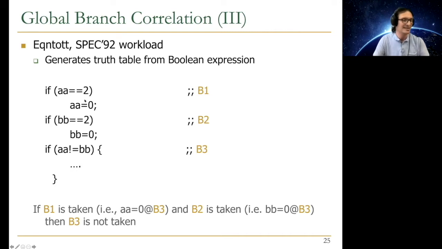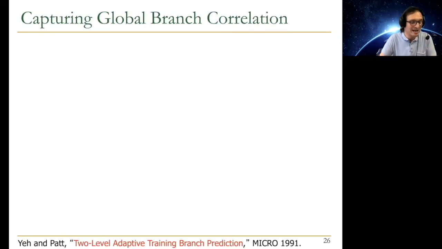And you can study that and look at it. I'm not going to go into more detail on this. But this is an example of how advances in computer hardware can make some benchmarks irrelevant, or not so interesting anymore, because the computer does really well in predicting the branches, so it's not a performance bottleneck anymore. Okay, so this is an anecdote that shows how global branch prediction actually has become very important over time.